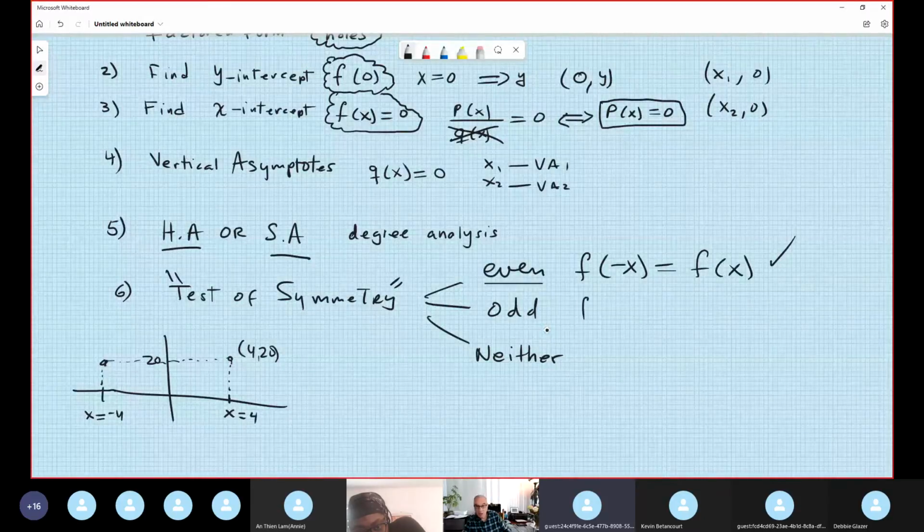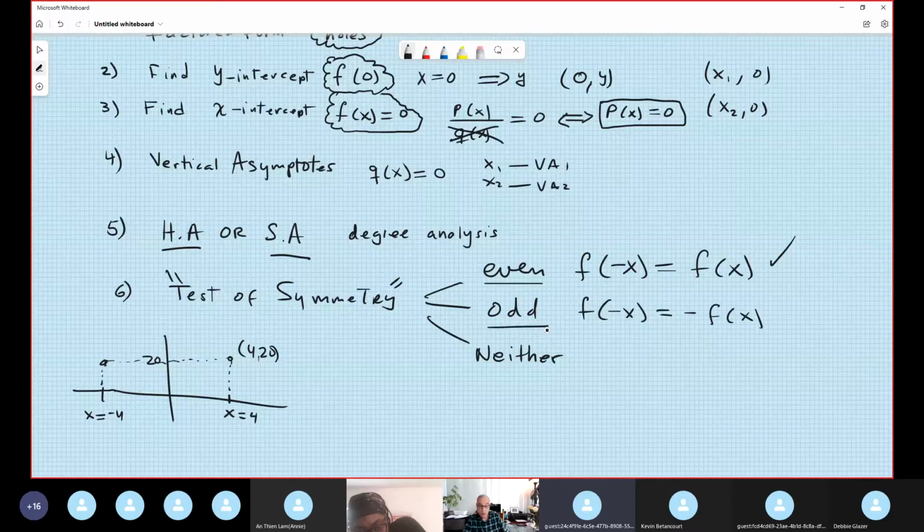However, when you are doing the reflection and you get the opposite sign, that is the idea for the odd function. It's also another kind of symmetry, because when you evaluate 4, suppose it's 20, and you evaluate -4, you get -20. So that point is (-4, -20). This is the idea for the odd function.